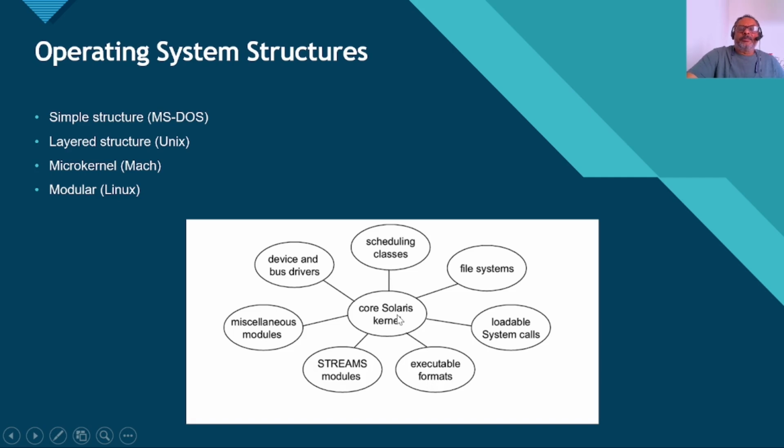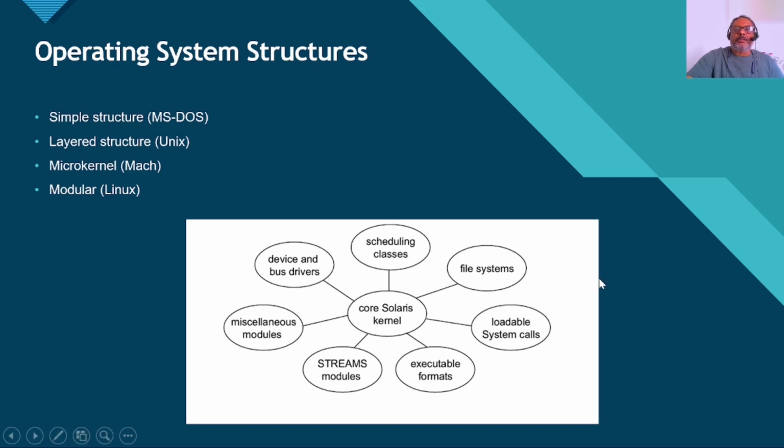Depending on the situation, at the basic level, when we switch on the machine, the core kernel will be loaded onto the memory and it starts working, and then depending on the situation, various modules are put on the memory, and whenever the process does not require any of these modules, then they can be just removed from the main memory, so that with the limited memory a lot more activities are possible.